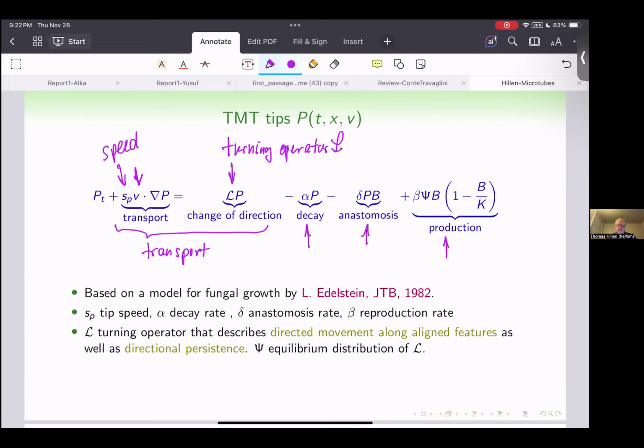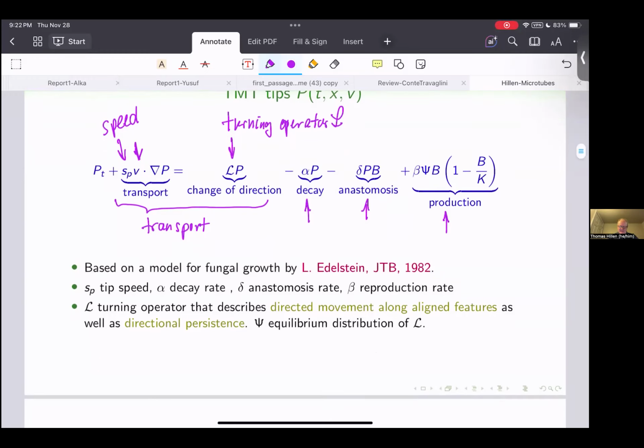But this is an integral operator. So this entire thing becomes an integral PDE. We have an integral term on the right, and a differential term on the left. So it's an integral PDE, which looks as ugly as it is. This may be a little bit difficult.